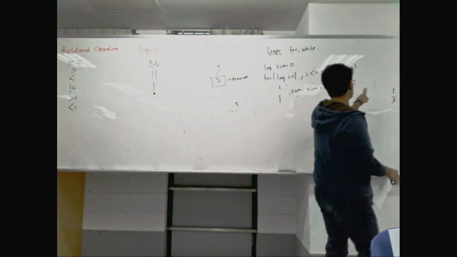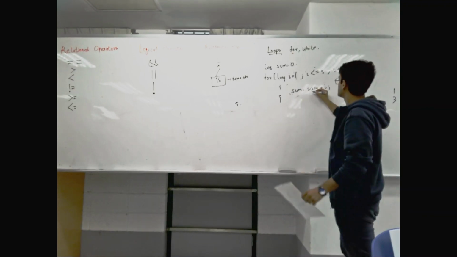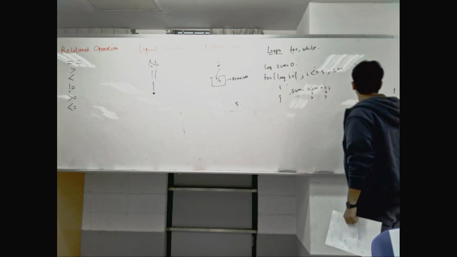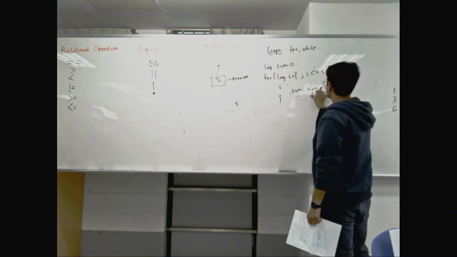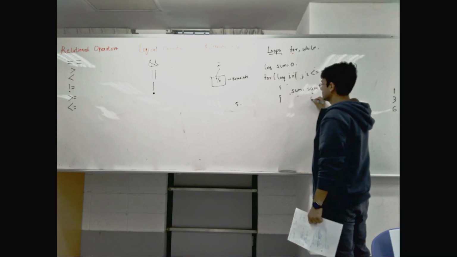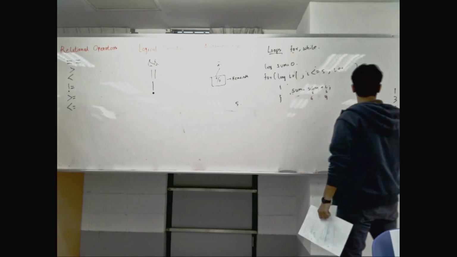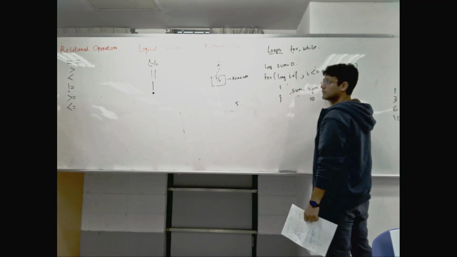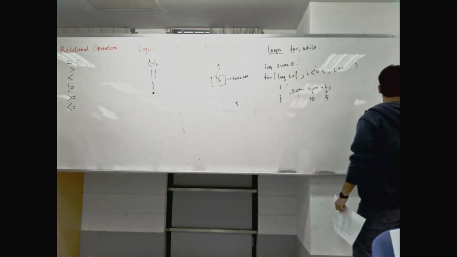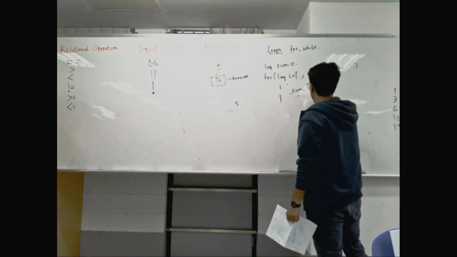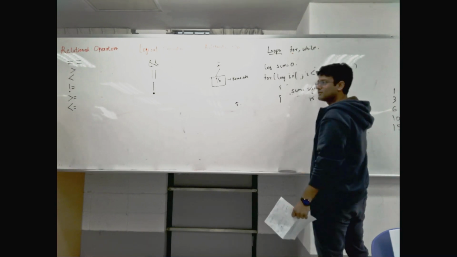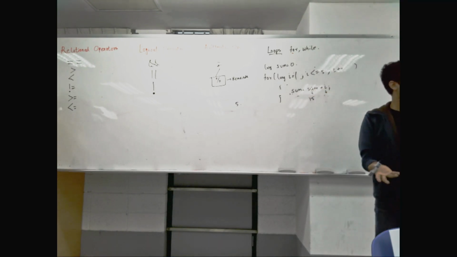Next loop, the value of sum is 3. I has become 3, 6. Next, 6 plus 4 is 10, 5, 15, 15 plus 6 is 21, oh, it stops.